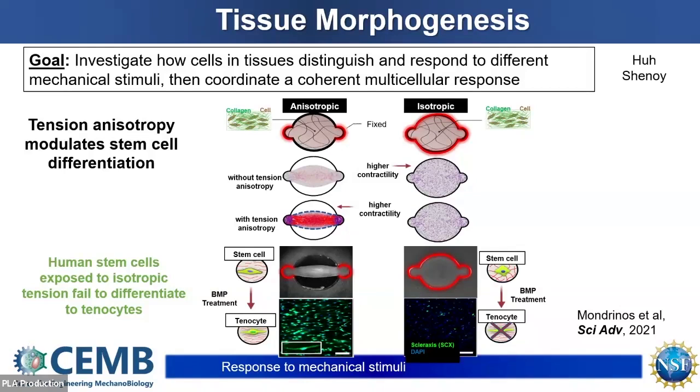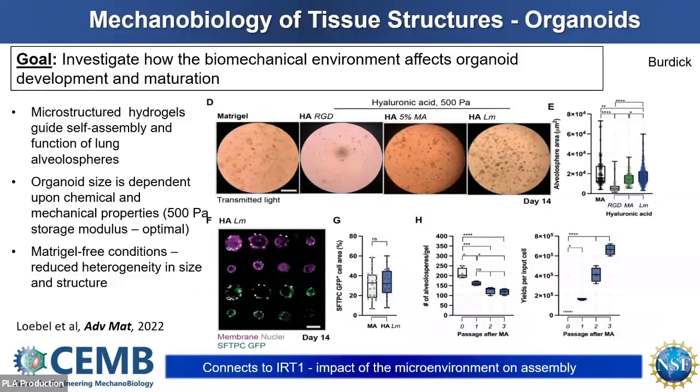Cells respond, and they will differentiate into tenocytes in this case. If it's isotropic, fully constrained on all sides, you don't see this response. You also don't get differentiation of the cells. And so again, you can organize tissue by the influence of mechanical stimuli.